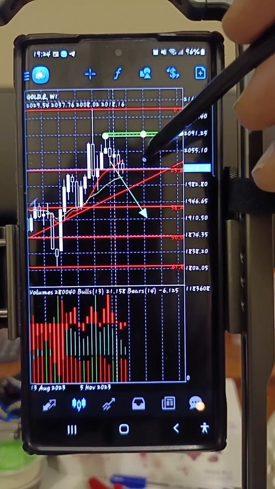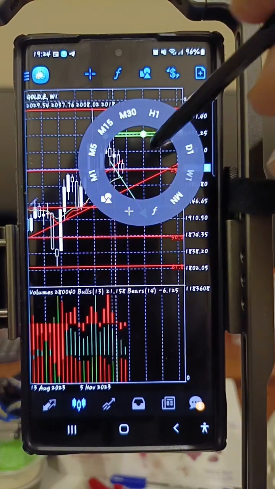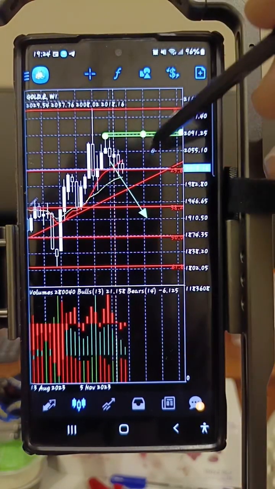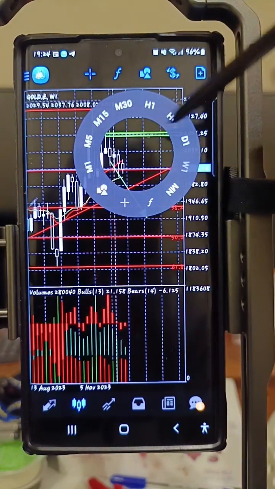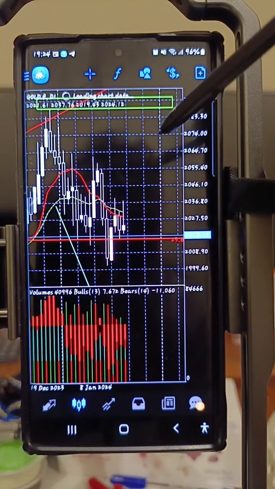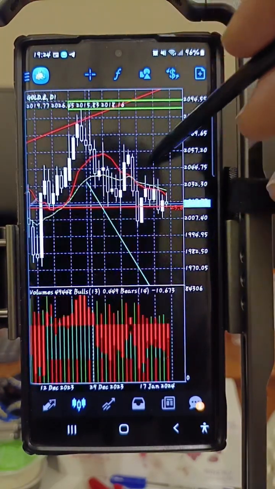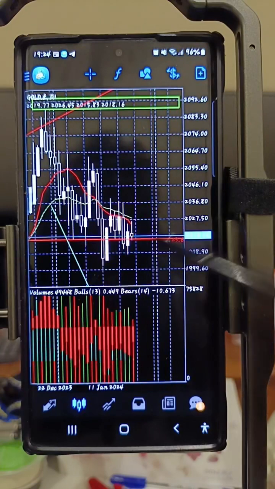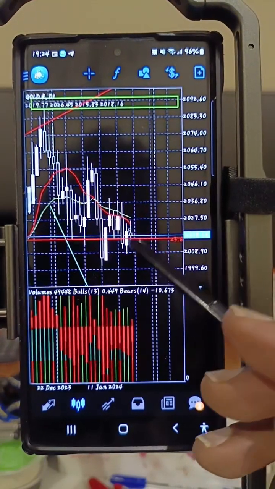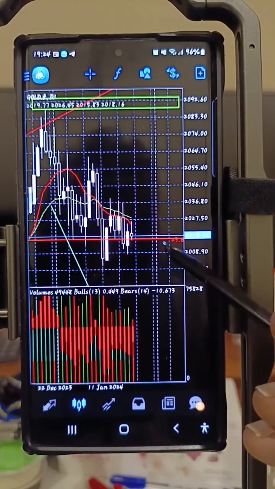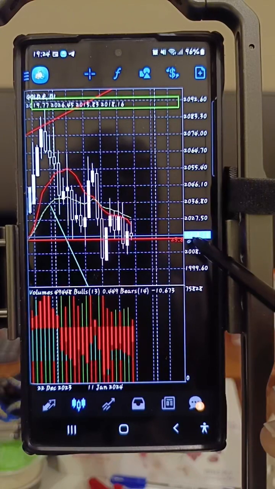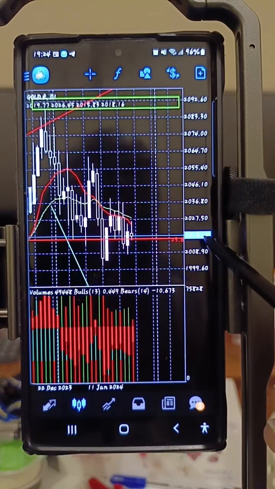So the weekly is showing down, so you can see here clearly. Again, I go to the day. All right, so you can see here it's bouncing off 23, right, at 2018.16.